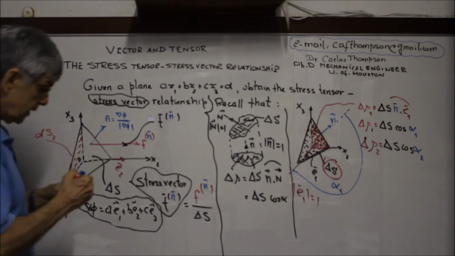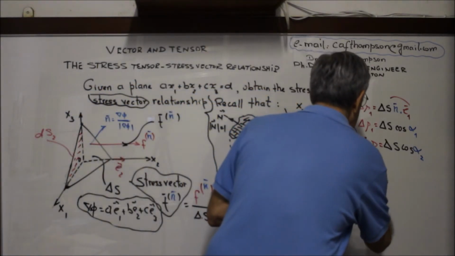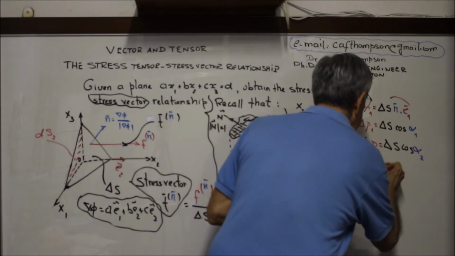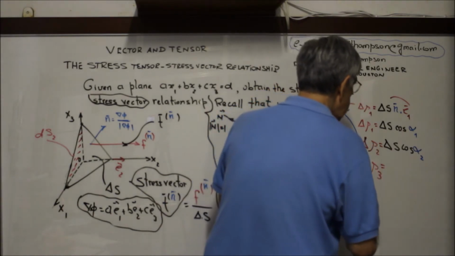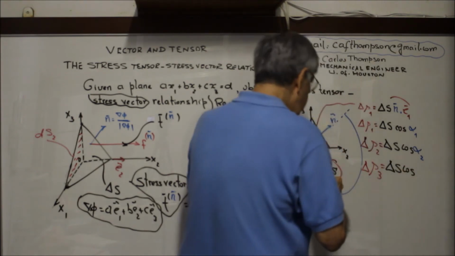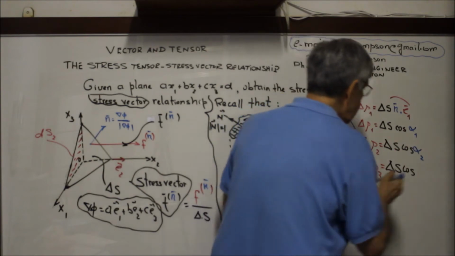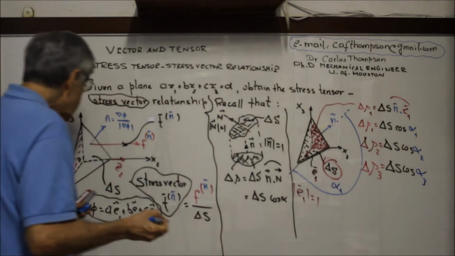So delta S2 is delta S projected in the x1, x3 plane. We do the same with delta S3. This will be delta S cosine of alpha 3. What is alpha 3?